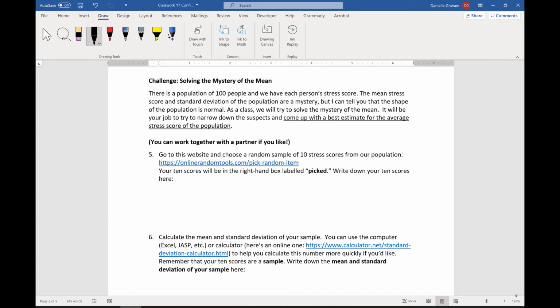So the population mean stress score is a mystery, and I want you to try to figure it out based on just a sample, because that's really what we're doing in stats and research. That simulates what we're doing in the real world. So I'm not going to tell you what the mean stress score is or what the standard deviation of the population is. Those are a mystery. What I can tell you is that the shape of this population is normal.